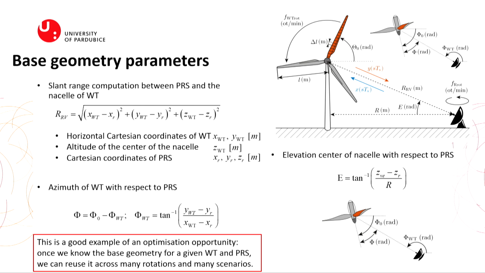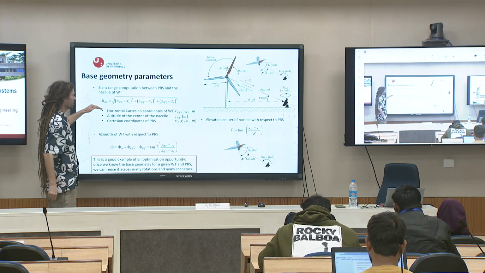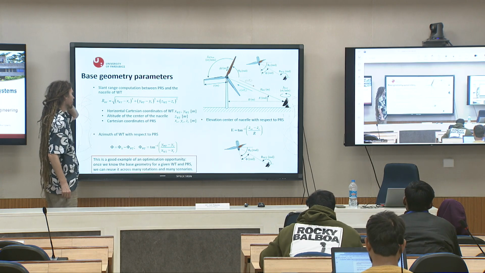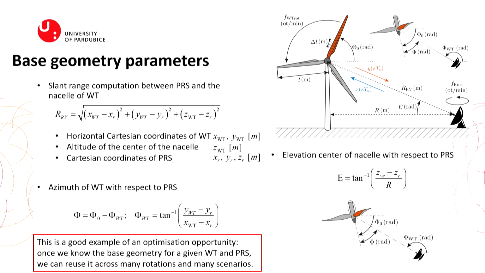It is in 3D. One number, because it is this one. So it is okay. Then we compute azimuth with respect to PRS, and elevation.